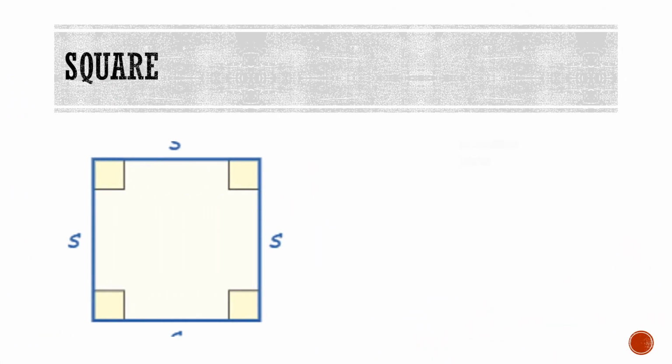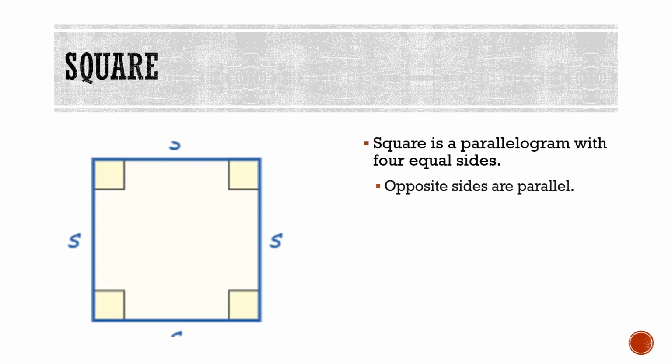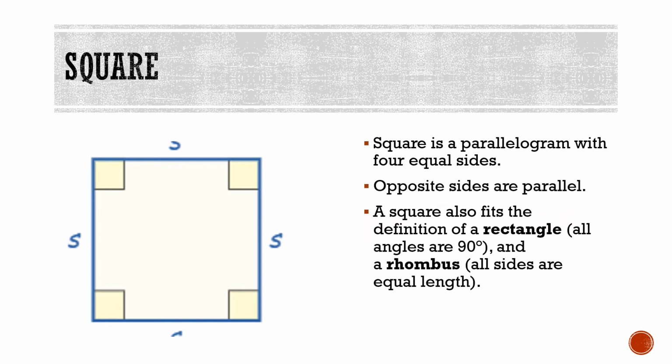Next is a square. A square is a parallelogram with four equal sides. The opposite sides are parallel. A square also fits the definition of a rectangle. All angles are 90 degrees. And in a rhombus, all sides are equal in length.